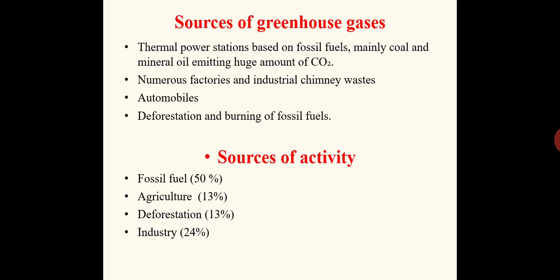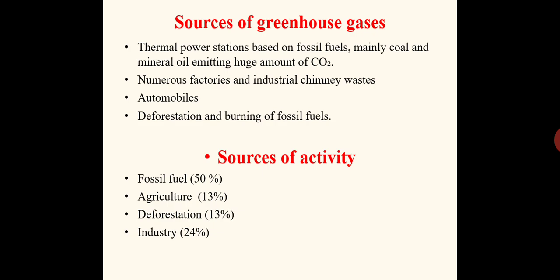Now, from the source of activity, if you think about the activities happening, fossil fuel is contributing 50% of the greenhouse gas effect, and agriculture is creating 13%. See how agriculture is contributing towards the greenhouse gas effect. Most agricultural processes utilize fertilizers which have a higher amount of nitrogen.